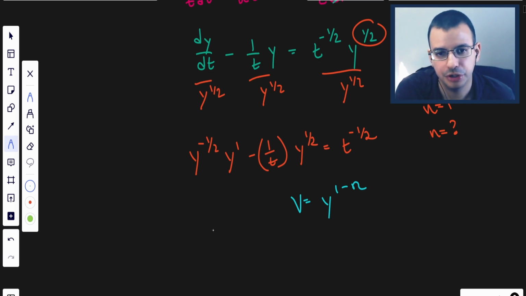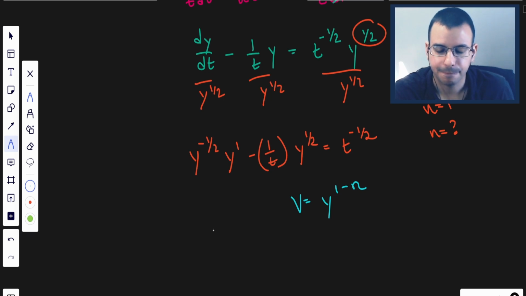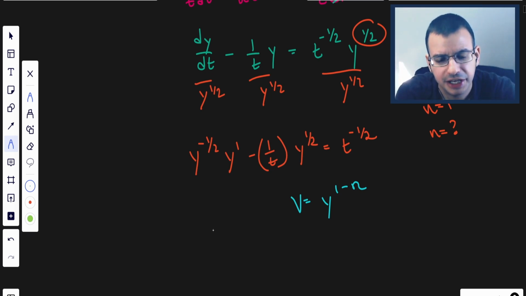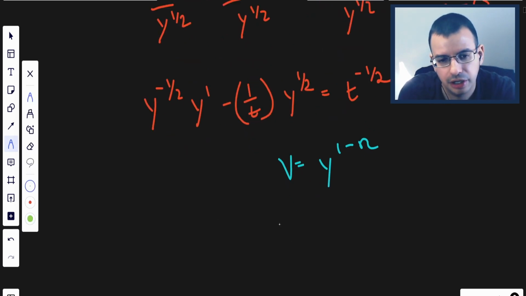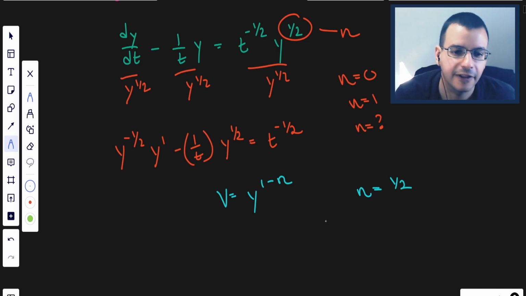You first divide to get everything in terms of just t on your far side, t or x, not the y where you're taking the derivative of it. And so now we say v equals y to the 1 minus n, where in this case n equals 1/2 because it's minus.